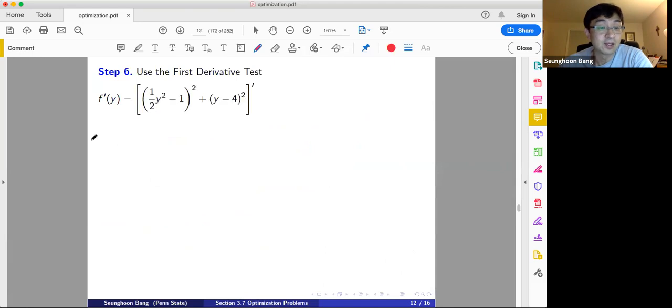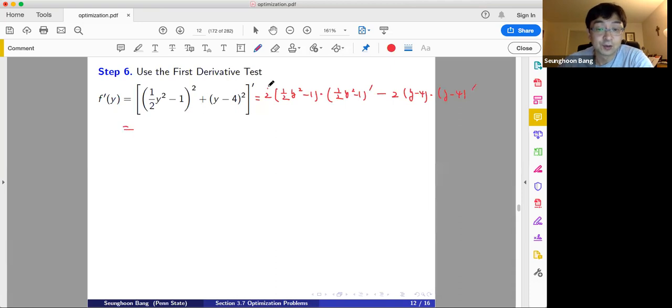What's f prime of y? Here, f of y is (1/2 y squared minus 1) squared plus (y minus 4) squared, prime. You can use the chain rule. So 2 comes down: 2 times (1/2 y squared minus 1) times (1/2 y squared minus 1) prime, plus 2 times (y minus 4) times (y minus 4) prime.